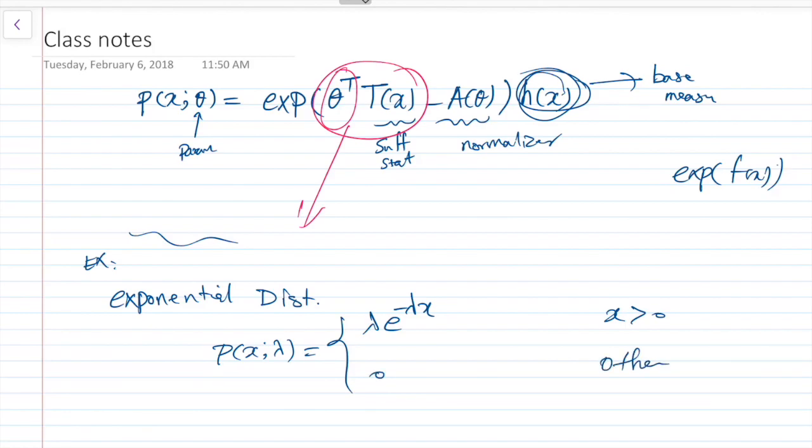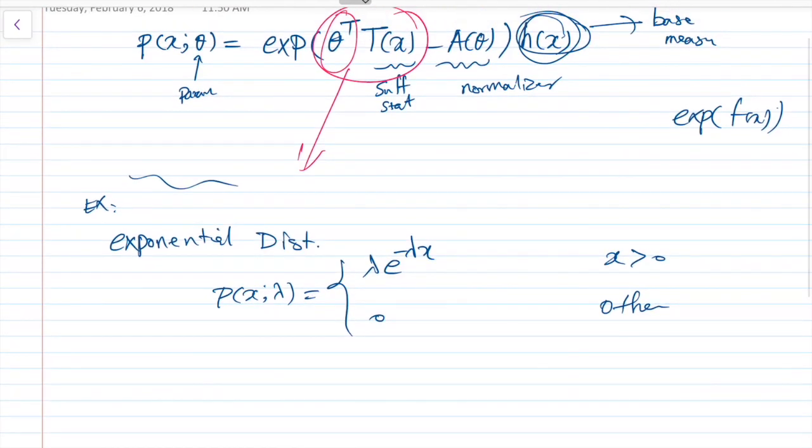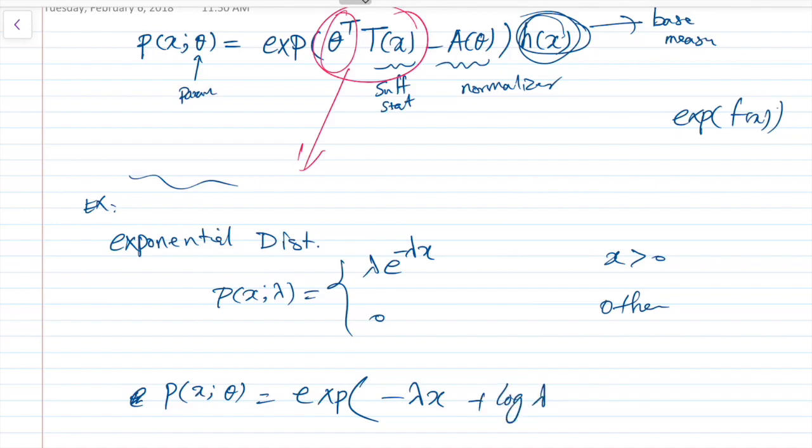Okay, so let's write this as a form of the exponential family. I can write this as p of x given theta. Although here it is lambda, we're going to convert it to exp of lambda x, and then bring that inside. Is anything missing here?